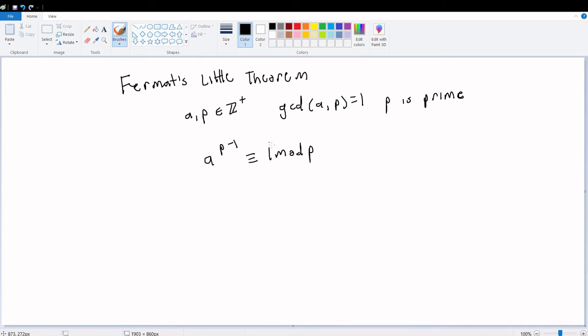Maybe, when we were talking about Chinese remainder theorem, we talked about splitting a number like 100 into 2 squared and 5 squared, but 2 squared is not prime and neither is 5 squared, so how is this supposed to be useful outside of just prime numbers?